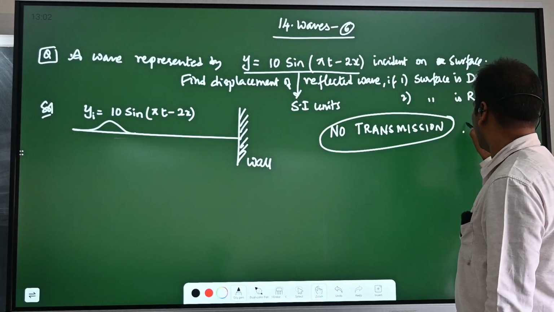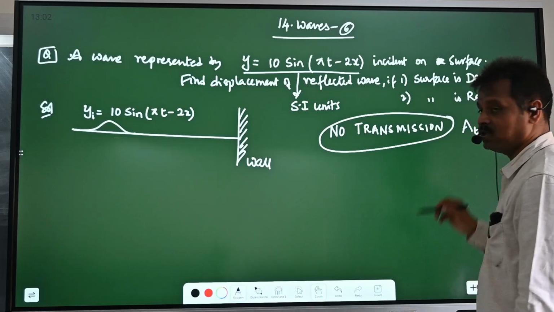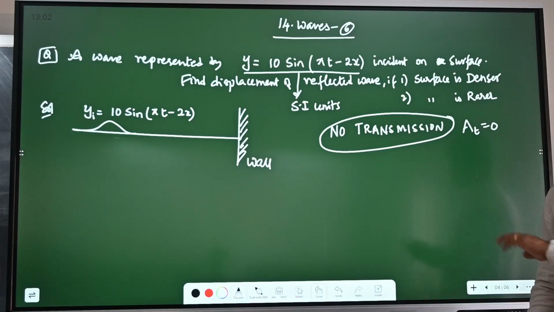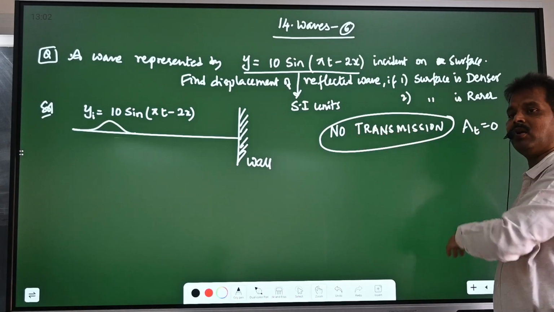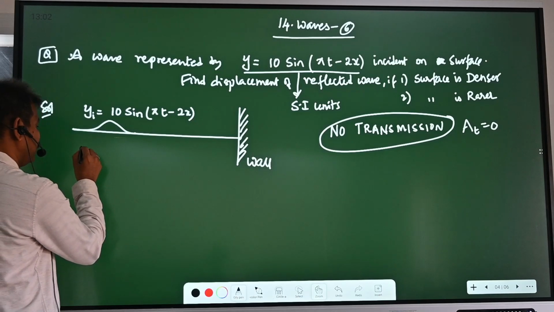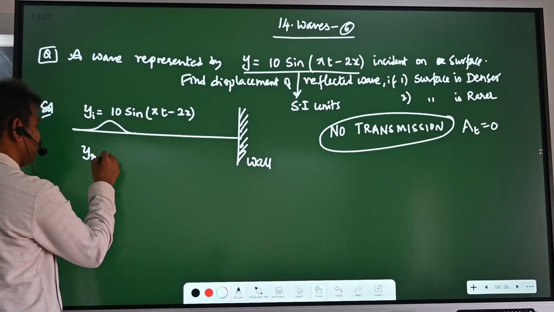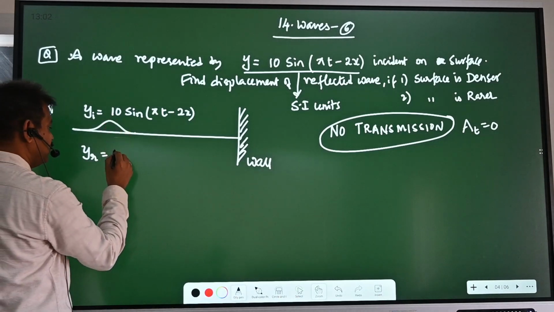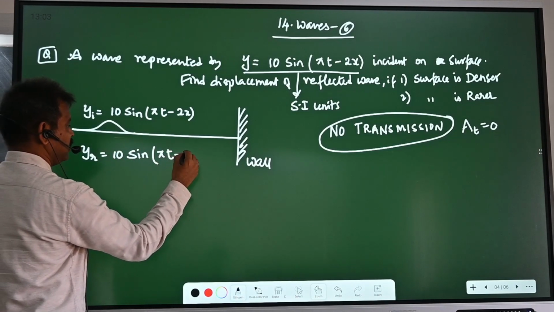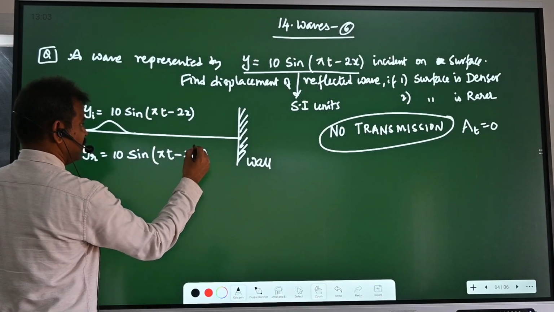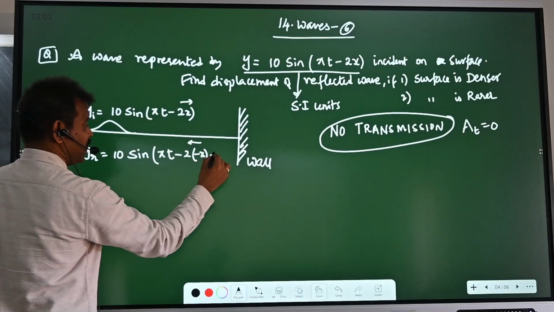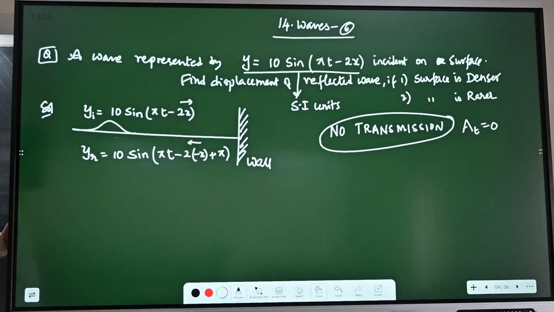That means what is A transmitted? Can I say 0? What is the amplitude of the wave transmitting through the wall? 0. The wave will not enter into the wall. It only reflects and comes back. So what is the reflected waveform? 10 sine (pi t minus 2x) is about the plus x-axis, so the reflected one gets a phase of plus pi.